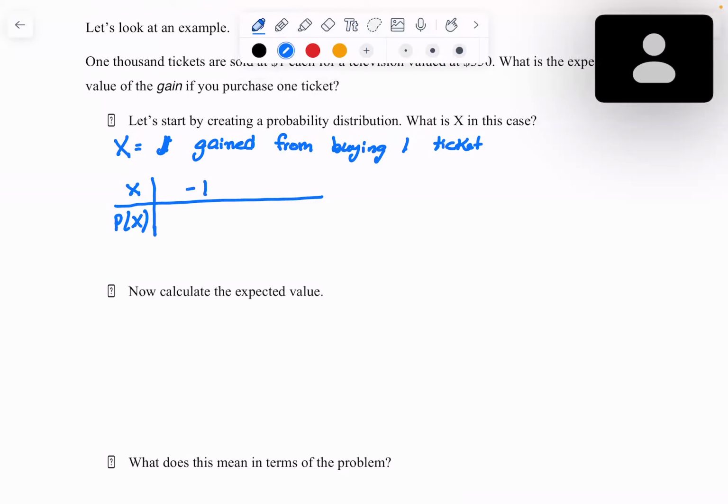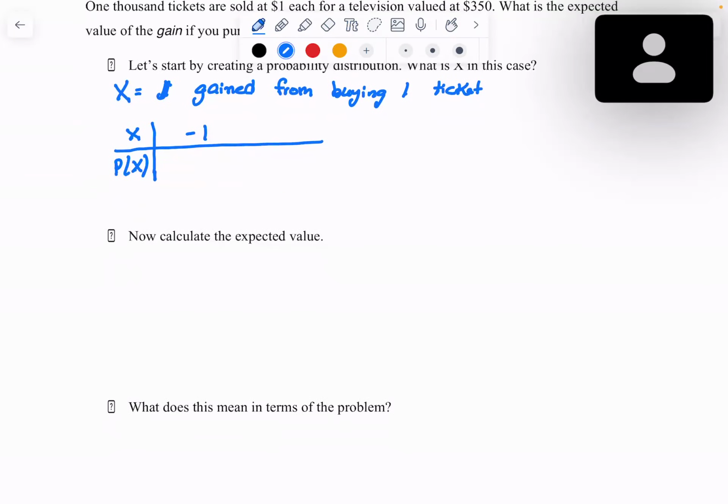And what's the probability that that happens? So there's 1,000 tickets being sold and there's only one winner. So there's how many losers? How many losing tickets? 999, right? So the probability that I lose is 999 divided by 1,000, right?